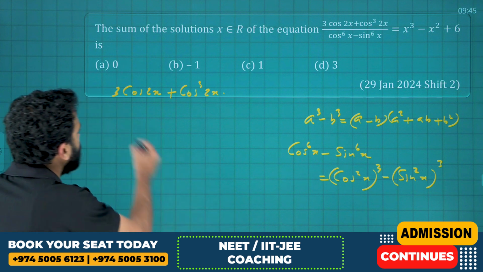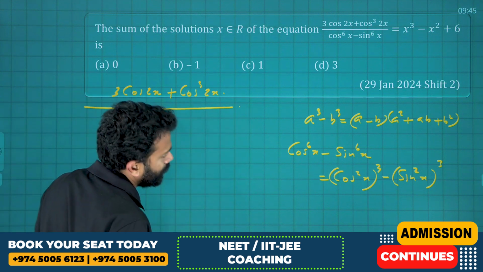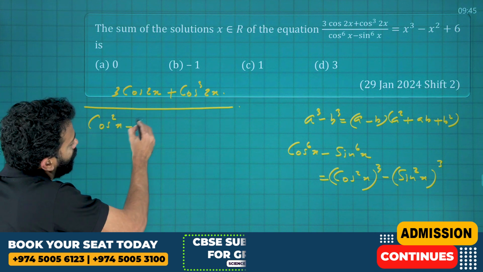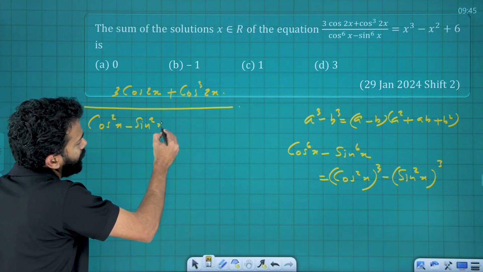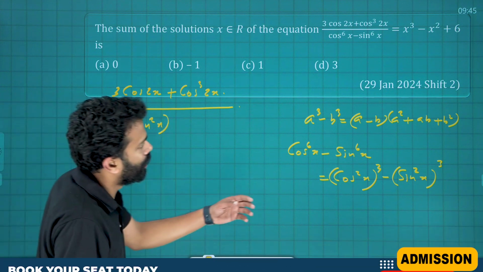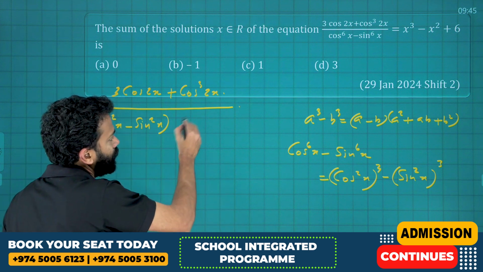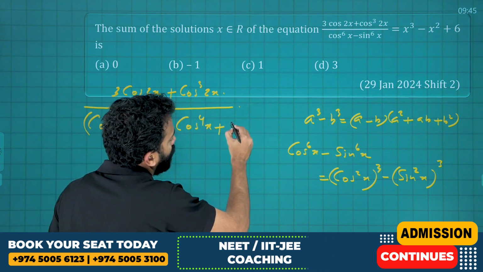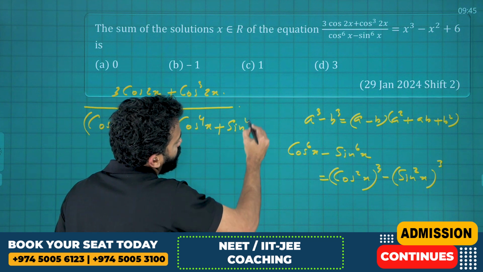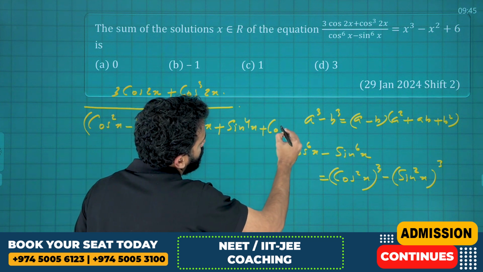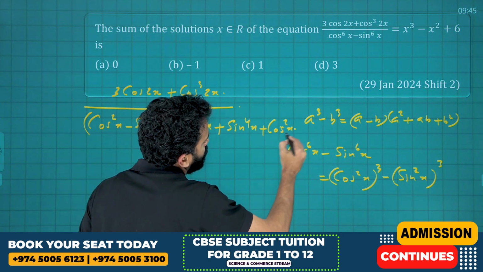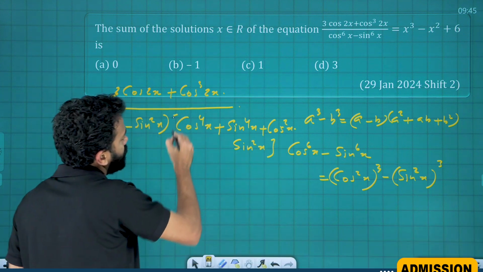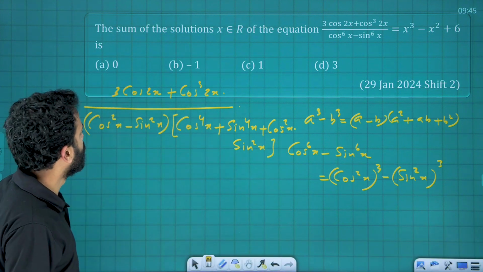And you will get in the denominator (cos square x minus sine square x) into (cos raised to 4x plus sine raised to 4x plus cos square x into sine square x).